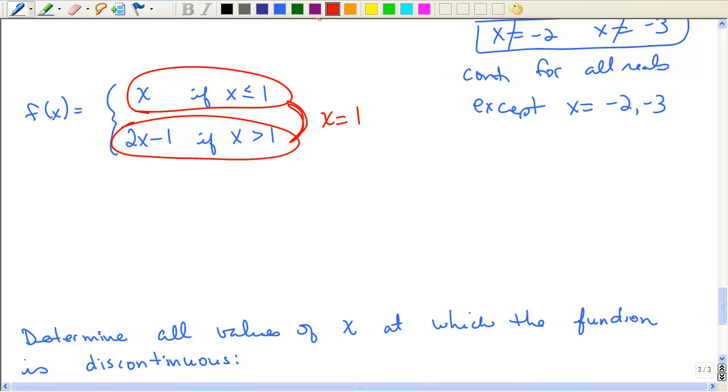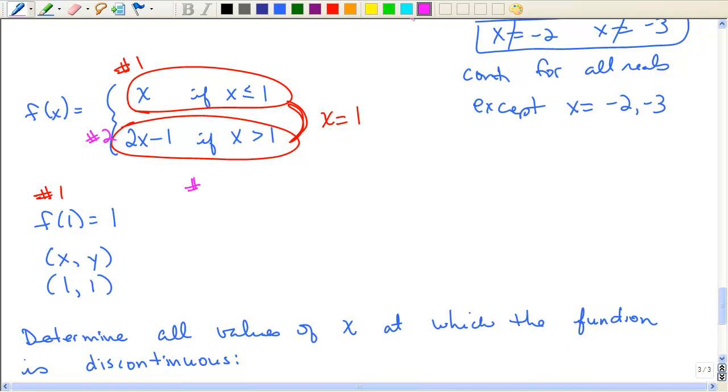So I'm going to say, all right, if I label this as the first part and the second part, and I look at the first part and I go, okay, if I substitute in 1 for x, I get 1. Right? So that means if I have an xy coordinate, that would be (1, 1).